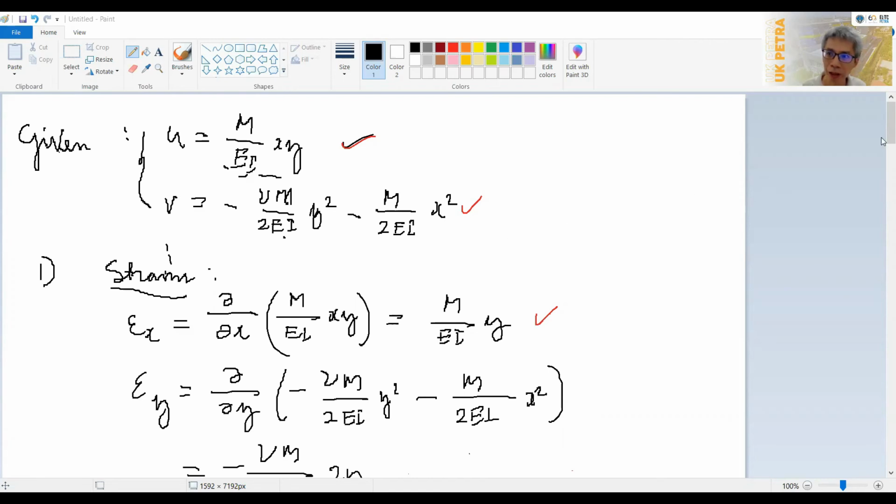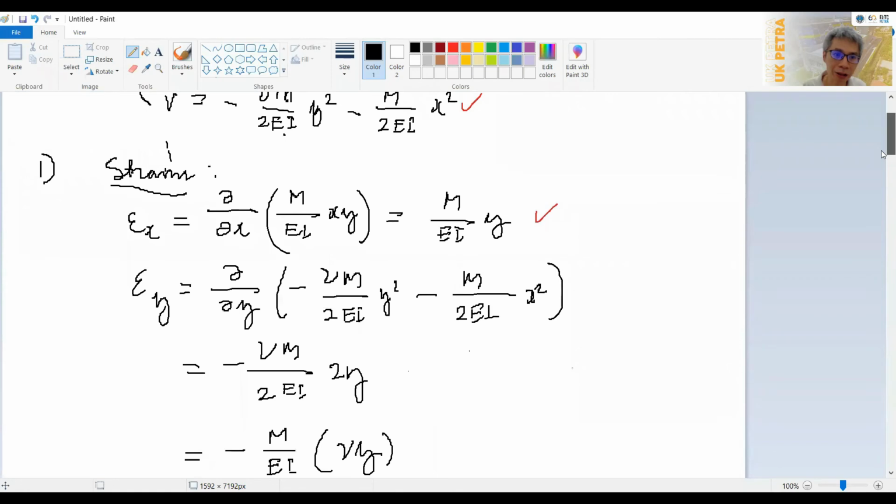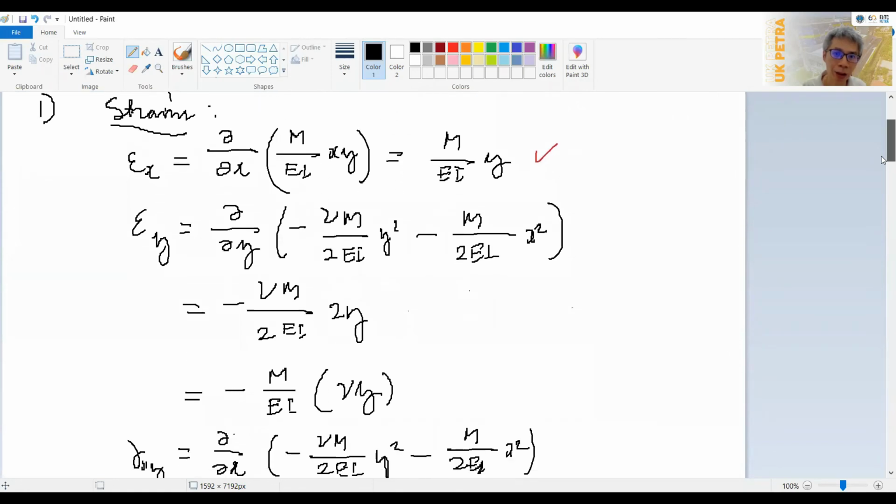Okay, the first question is to calculate the strains and stress. We know that this is a plane stress problem. So in plane stress problems, we have three strain components: epsilon x, epsilon y, and gamma xy.